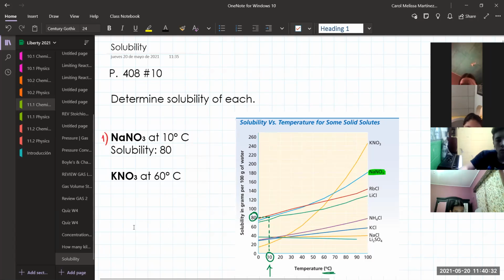And in the case of potassium nitrate, they are telling you that it is at 60 degrees Celsius. So you have to do the same procedure here in the table. Look for potassium nitrate. In what color do you find potassium nitrate in the table?